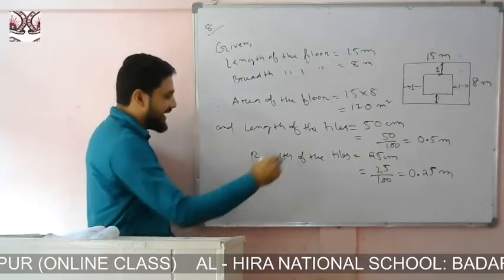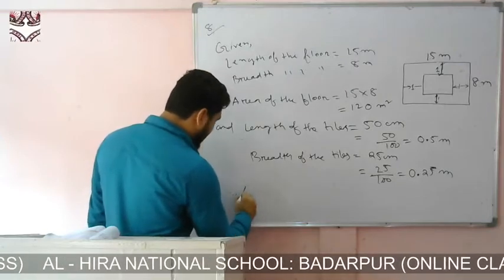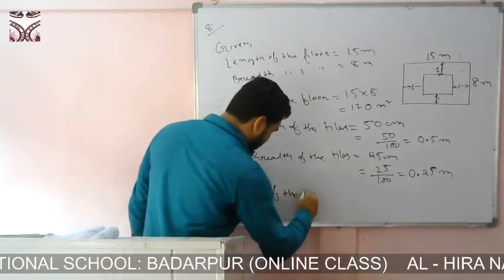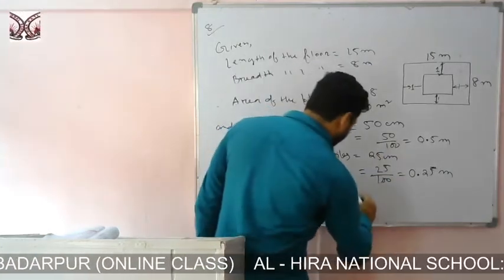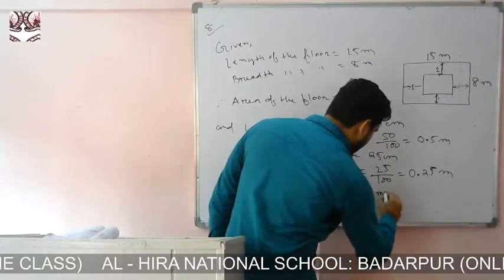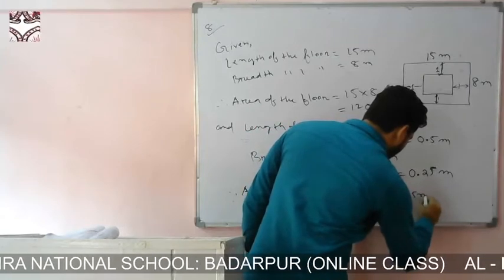Now you can find the area of the tiles. Therefore the area of the tiles will be what? 0.5 meter into 0.25 meter.